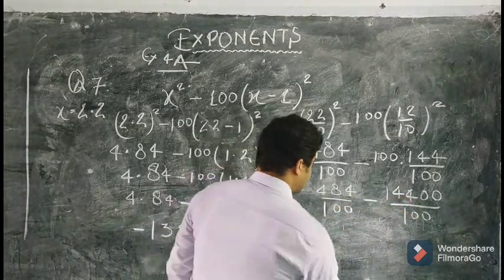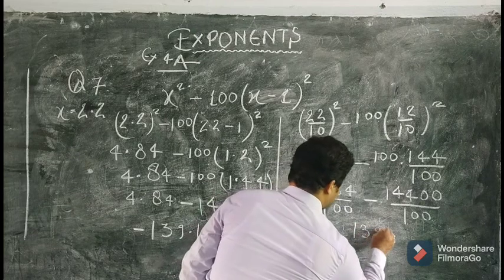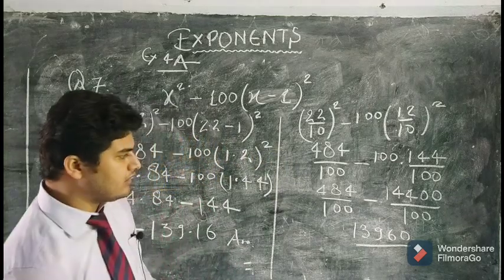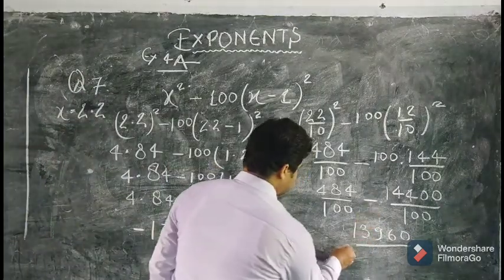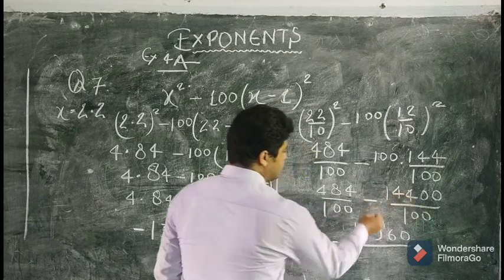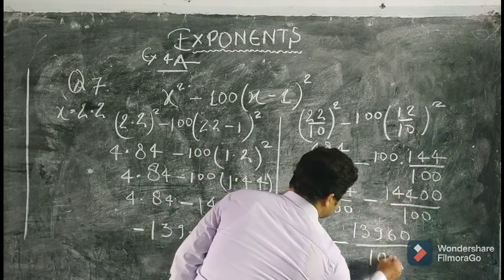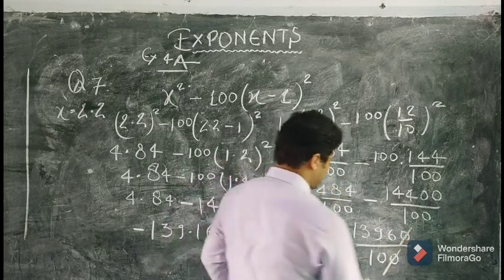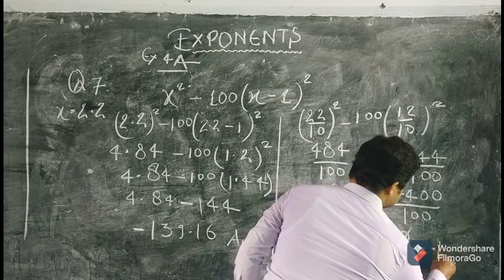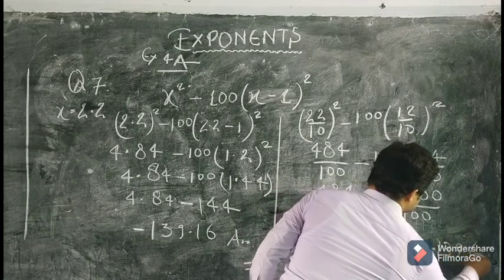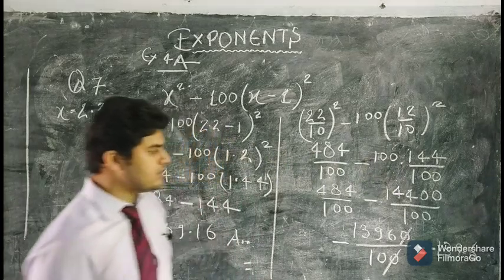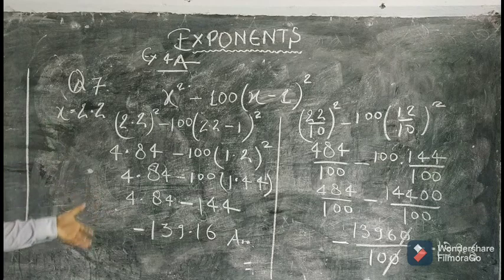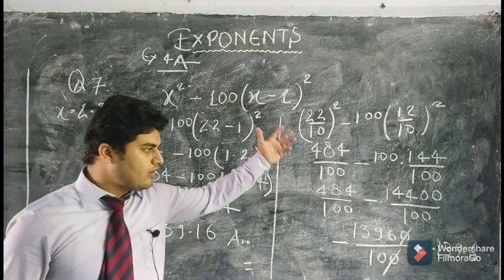You will get 13,960, with a minus sign, because 14,400 is negative, upon 100. Now this 0 got cancelled, and this 0 will place a point over here at one place. So minus 139.6. Again you are getting the same answer. So in the first way the calculation was in decimal. Here we avoided the decimal.